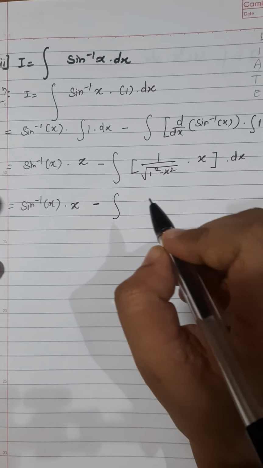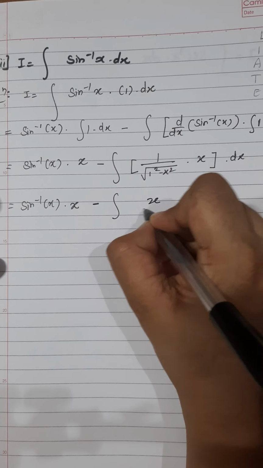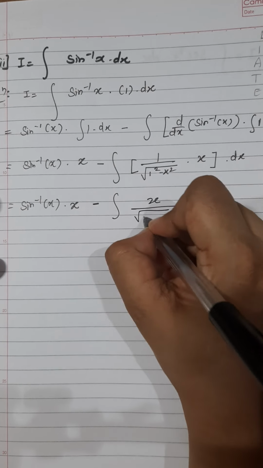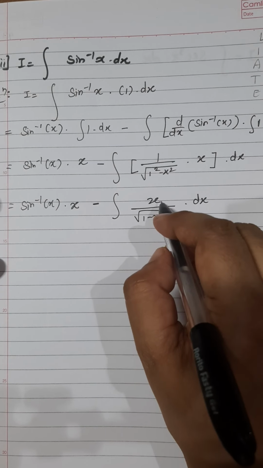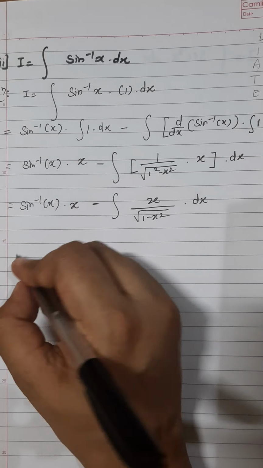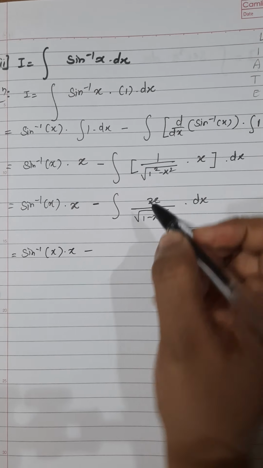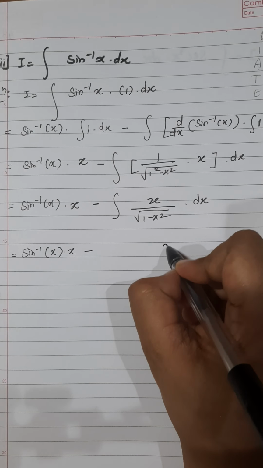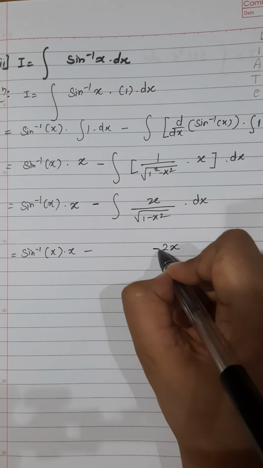minus x upon this. Now what we are going to do is, we are going to write this as f dash x upon fx. Okay, so just see, minus, here I am just adjusting the term, multiplying and dividing the numerator by minus 2.